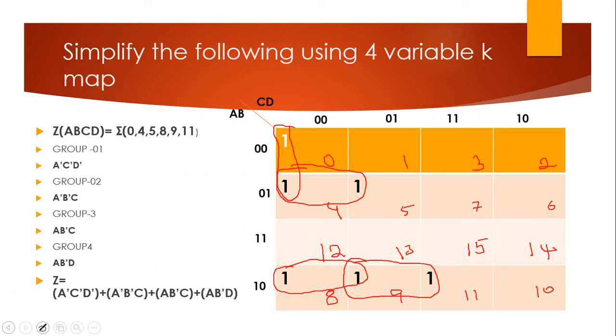Let us solve a 4 variable K map. In this, it is given in sum of products form, that is, z is a function of a, b, c and d, which is equal to sigma 0, 4, 5, 8, 9 and 11.